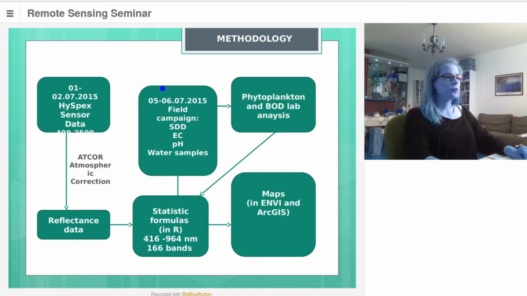A few days later, the field campaign was conducted. The Secchi disk depth was measured together with electroconductivity and pH, and water samples for further analysis were taken.